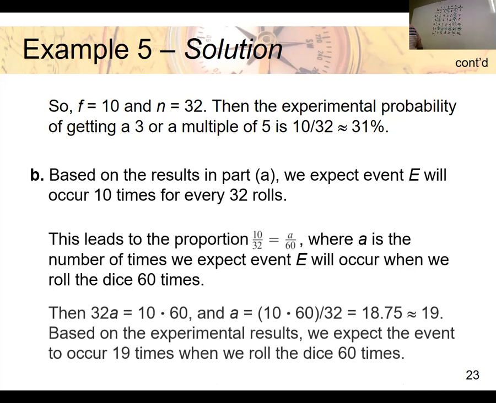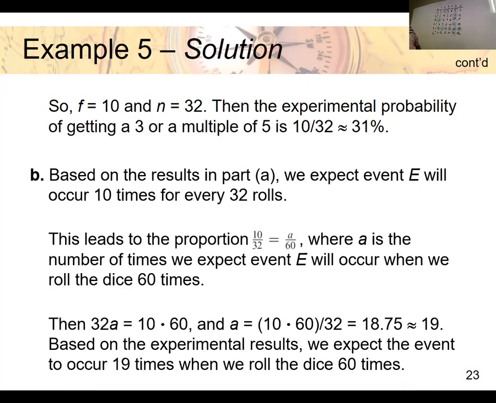And of course here, if we did the cross multiplication, this is 32 times A, which is where that 32A comes from. That's equal to 10 times 60. That's this part right here. And then to solve for A, you divide both sides by 32 to get A by itself. So it'll be 10 times 60 divided by 32, which is exactly 18.75 or approximately 19.